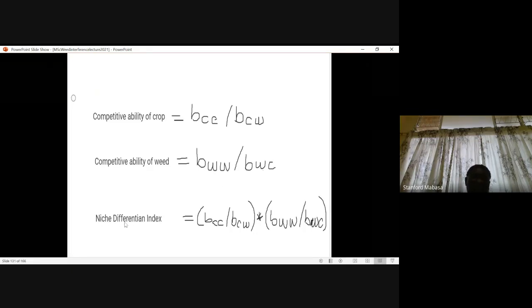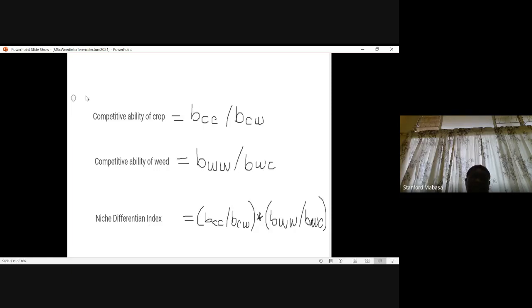We can also calculate the niche differentiation index, which tells us the nature of competition, how these two plants are exploiting the environment. Are they exploiting equally, or are they differing in terms of how they are exploiting the environment?